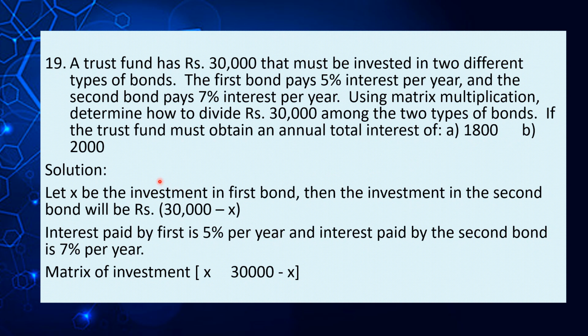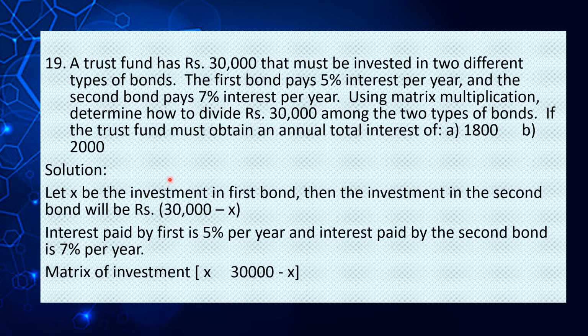Okay, let's see. So we have 30,000 rupees with us, and we have to invest it in two different ways, so that in the first part we would get 5% interest per year, and in the second part we would get 7% interest per year.